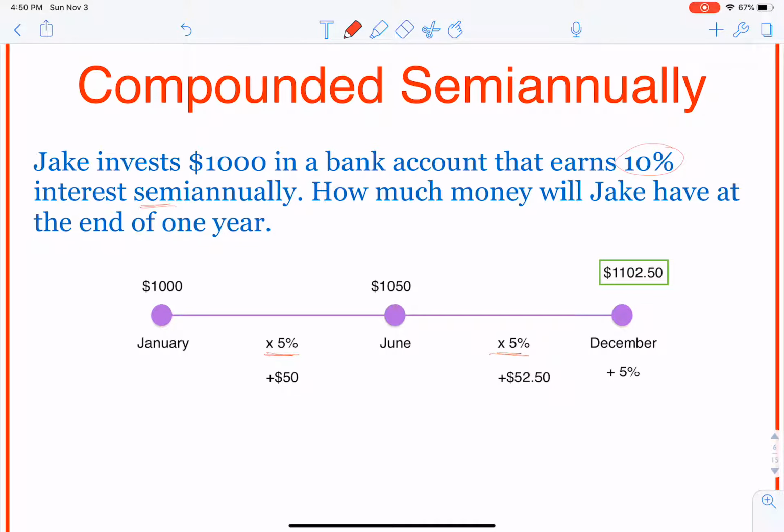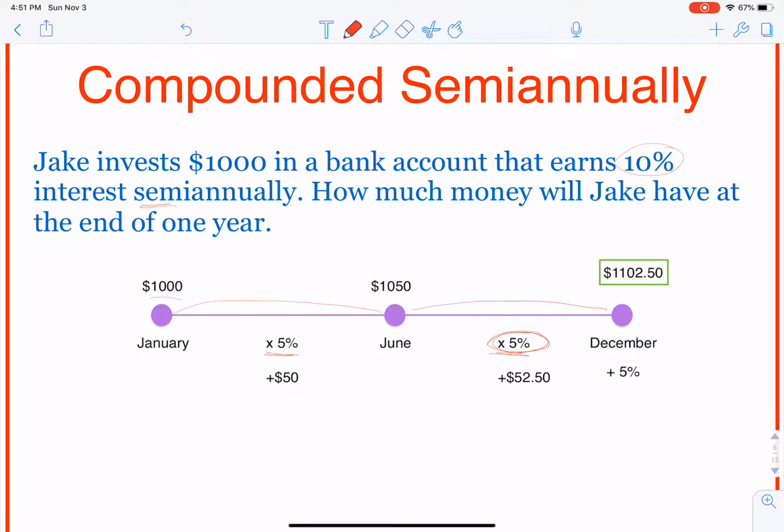So in January, I'm starting with $1,000. Over the course of the first 6 months of the year, I'm figuring out what 5% of 1,000 is, and I'm adding that into my account. So I end up with $1,050 in June. Then another 6 months goes by, and I'm adding on the last 5% of my 10% interest rate.